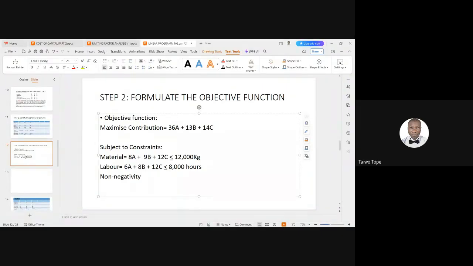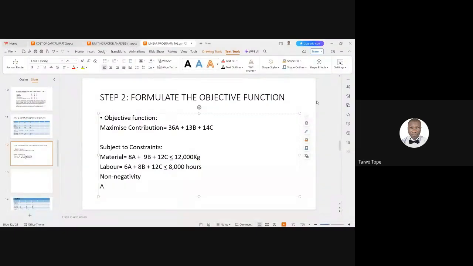Either resources or the product, isn't it? Now, in this regard, the products are what we're looking at. You cannot produce anything negative. So the non-negativity with respect to this will be what?